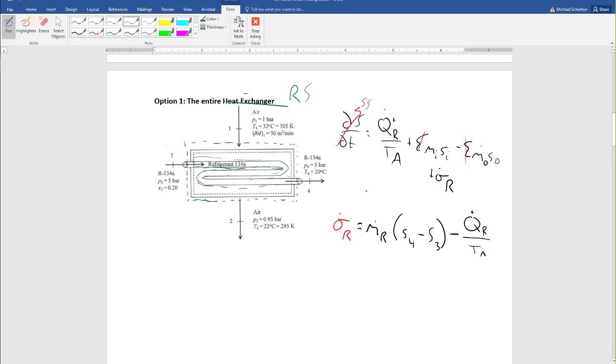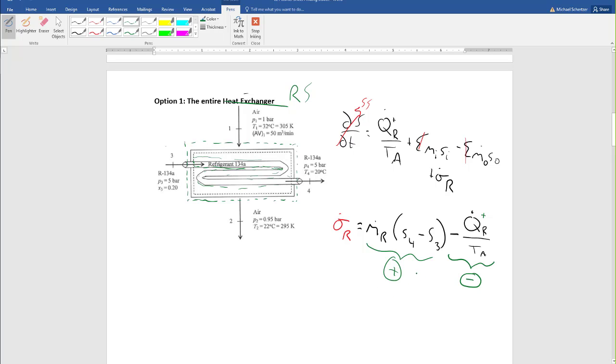We can see that this heat transfer term is negative, but my heat transfer to the refrigerant is heating it up, so that's going to be positive, which means that this whole term is going to be a negative times a positive. So that whole term is going to be negative. And this one here is going to be the positive term.